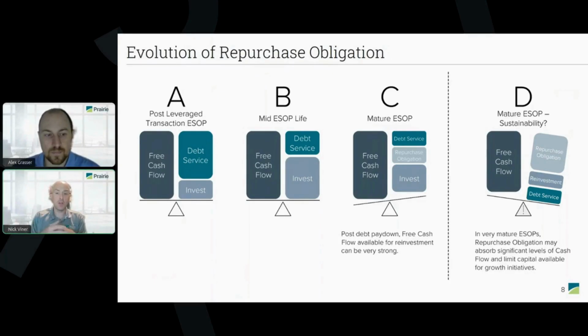The second thing that I would really encourage you to think about is typically that midlife ESOP is something that only is going to occur once, and it's a true sweet spot when it comes to cash flow generation, in that I've paid down a lot of my transaction debt, but oftentimes I haven't had meaningful RO come in as an obligation yet to cash flow.